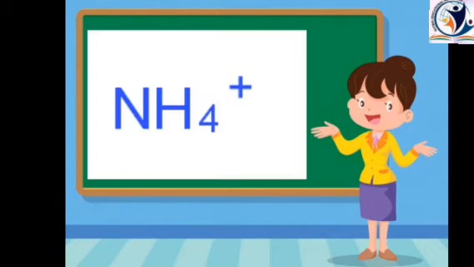We represent the charge simply as a plus in superscript. We can also write NH4 within brackets to prevent confusion, but in most books you will see it written NH4 plus. This plus is not given only for hydrogen but for the whole radical, that is ammonium.